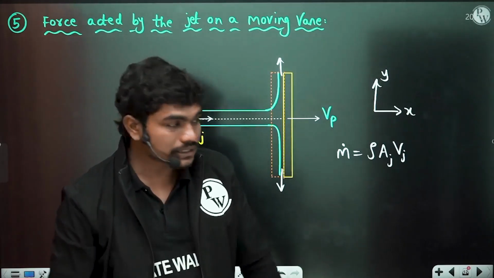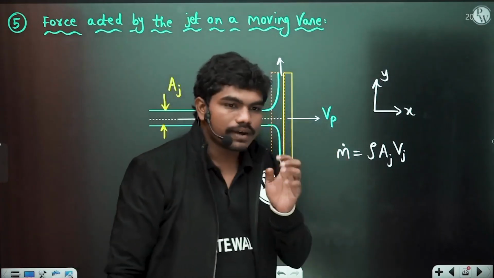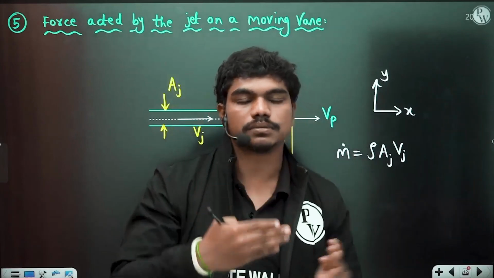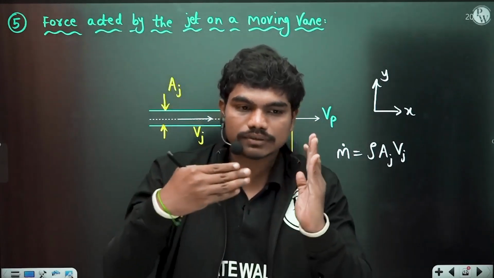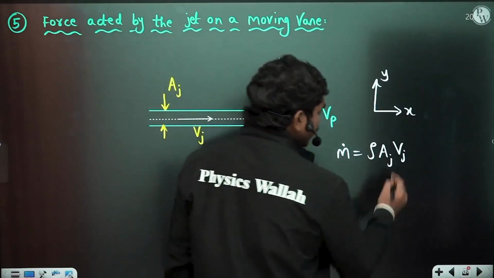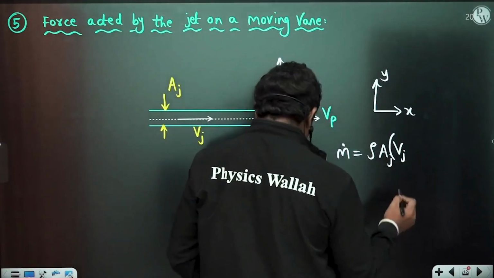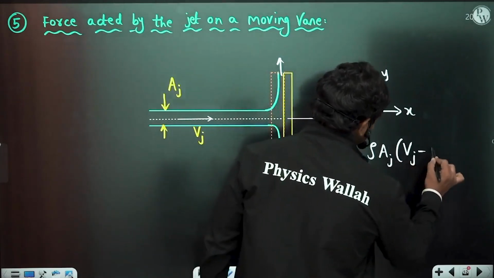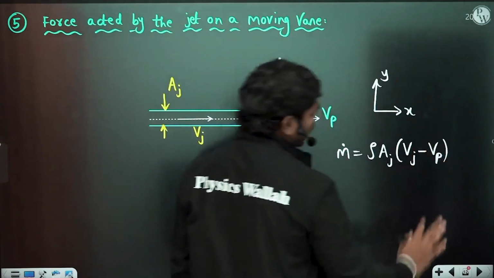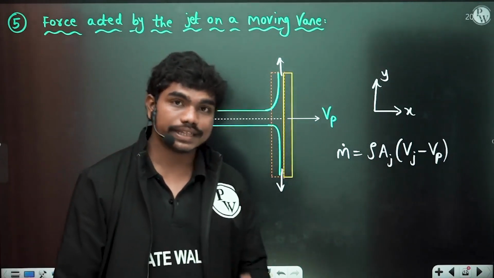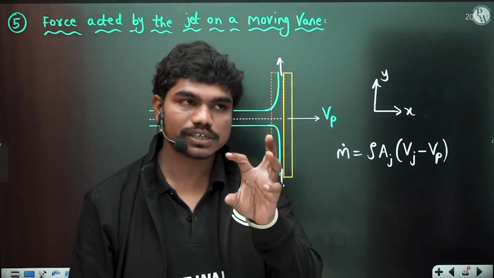Basically what I am telling you is, whenever the fluid is coming and trying to enter the control volume, this control volume is also moving with some speed. Then how can the total fluid actually enter the control volume? It cannot enter, correct? So therefore rho aj into vj minus the velocity of the plate. So this is the mass of fluid which is actually entering the control volume. Okay, because in the derivation we have assumed that the control volume is fixed.